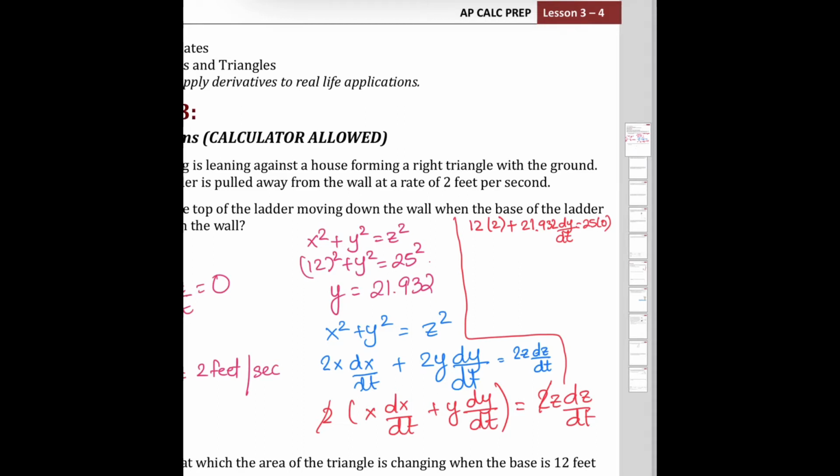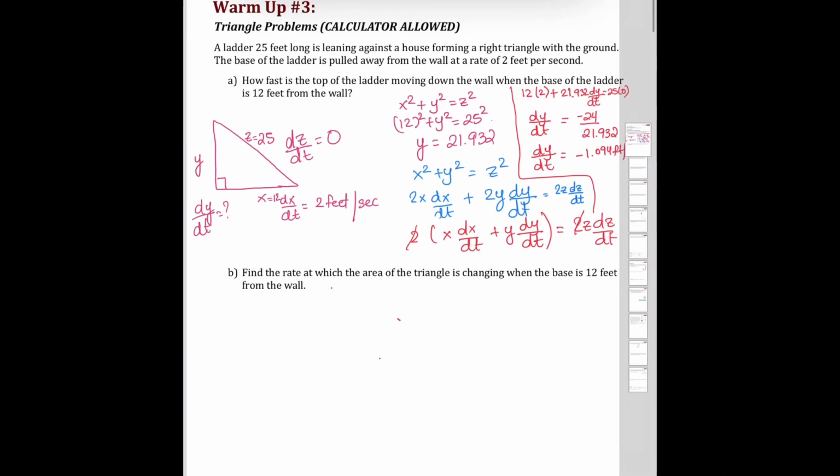Right? So now if I want to solve for that dy dt, I have negative 24 over 21.932, which, put that in the calculator, is negative 1.094 feet per second.